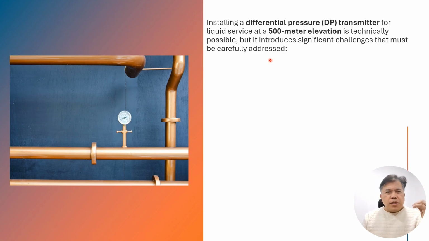If we consider this, it's a lot of discussion in terms of hooking up our tubing towards our transmitter. So we have a cable, we have an impulse line tubing. We need to consider all of these scenarios during the installation activity.